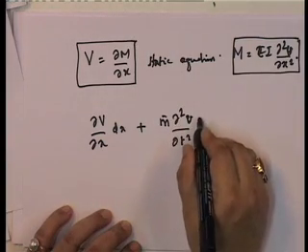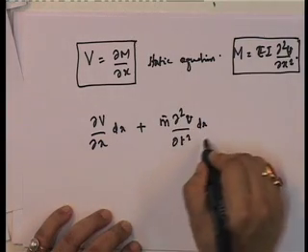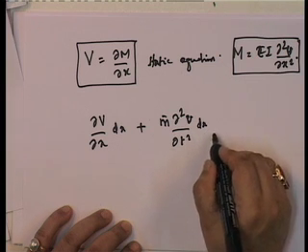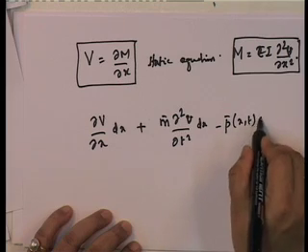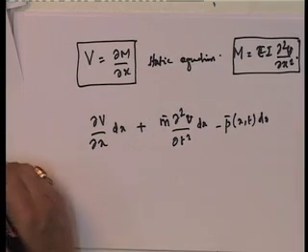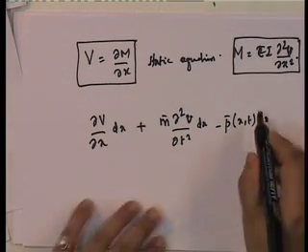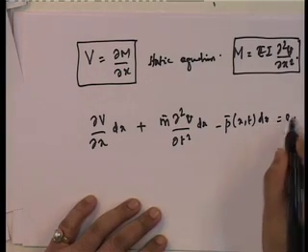So, it is m into dx, then minus p bar x of t dx, this is also p bar x, because that is the total load, is equal to 0.